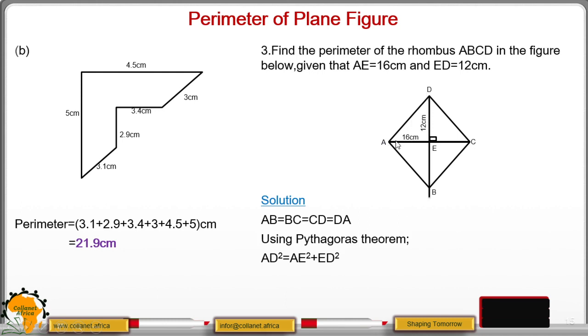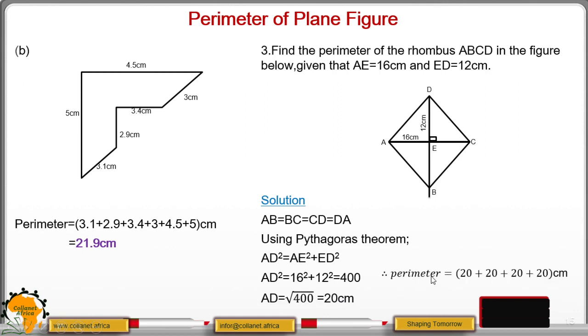So using it, AD squared must be equal to AE squared plus ED squared. And our AE is 16, our ED is 12. So when you add 12 squared plus 16 squared, it will be 400. So to get AD, you take the square root, which is 20 centimeters.